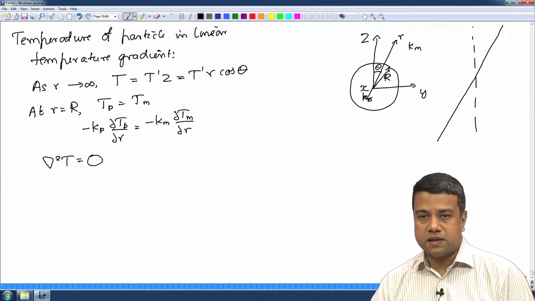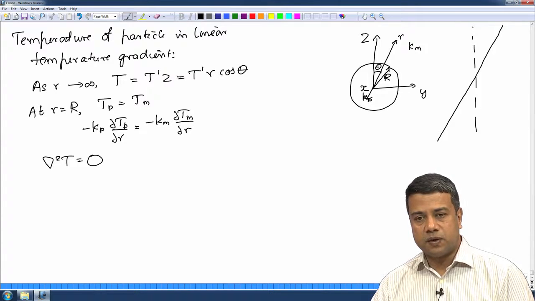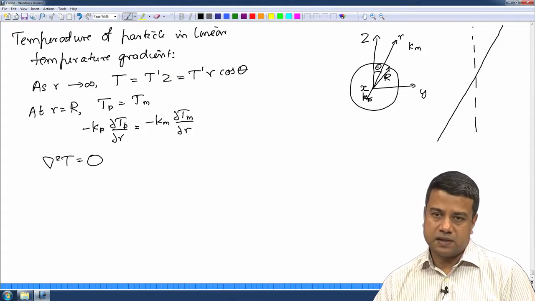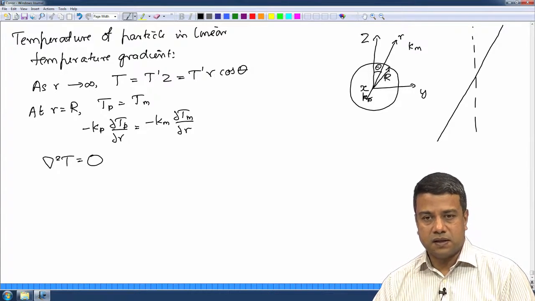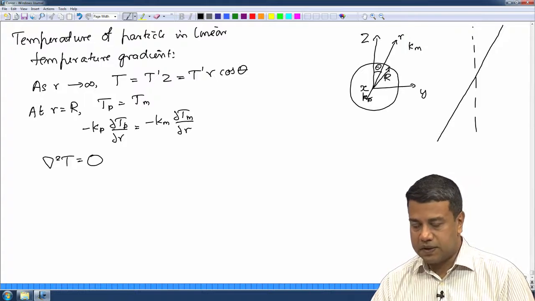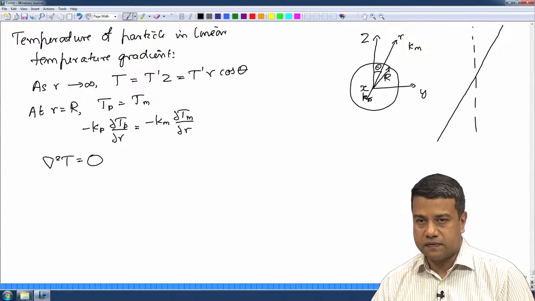In this case, it does depend upon theta. It does not, however, depend upon phi, the angle around the z axis. For a given r and theta, no matter what the angle around the z axis is, the temperature has to be the same. Therefore, the temperature is only a function of r and theta, and it is not a function of phi.